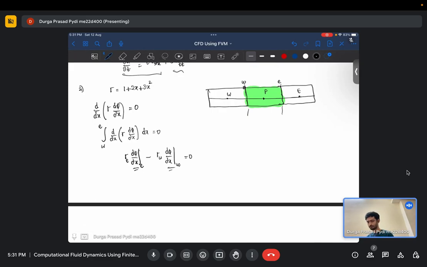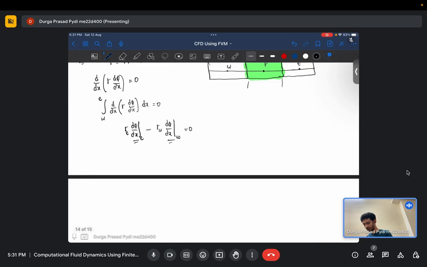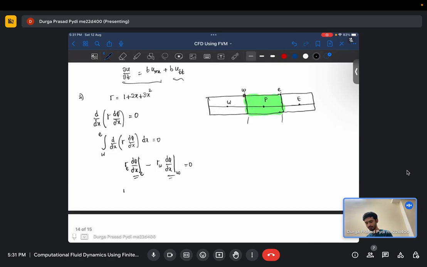We use a linear approximation where d phi/dx on the east face is phi E minus phi P by delta x. If we use these expressions, we get gamma e times (phi E minus phi P) by delta x.